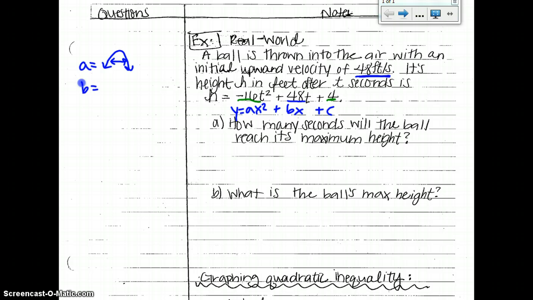Now the B, the axis of symmetry, we learned about yesterday. So that would have to do with our B right here. That formula, let's go ahead and just figure it out just in case we need it. Negative B over 2A. So we have negative 48 over 2A, so that's 2 times negative 16.